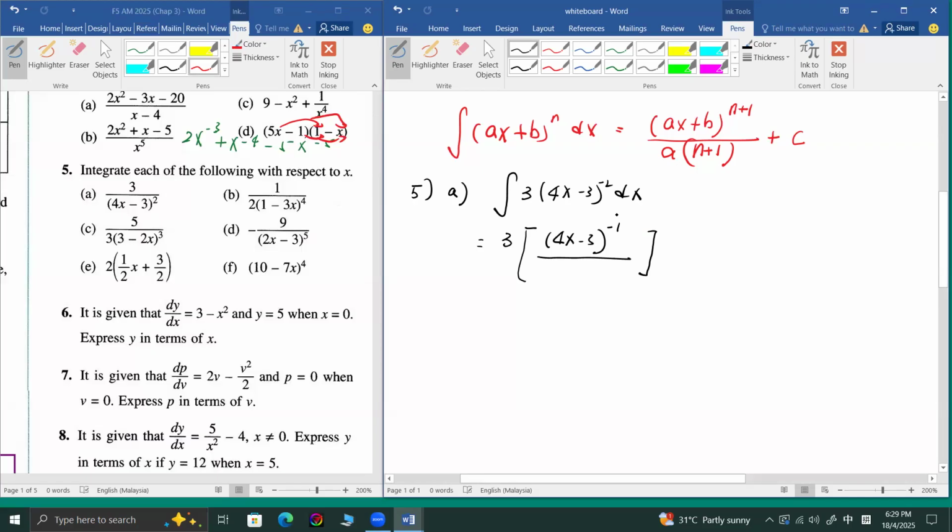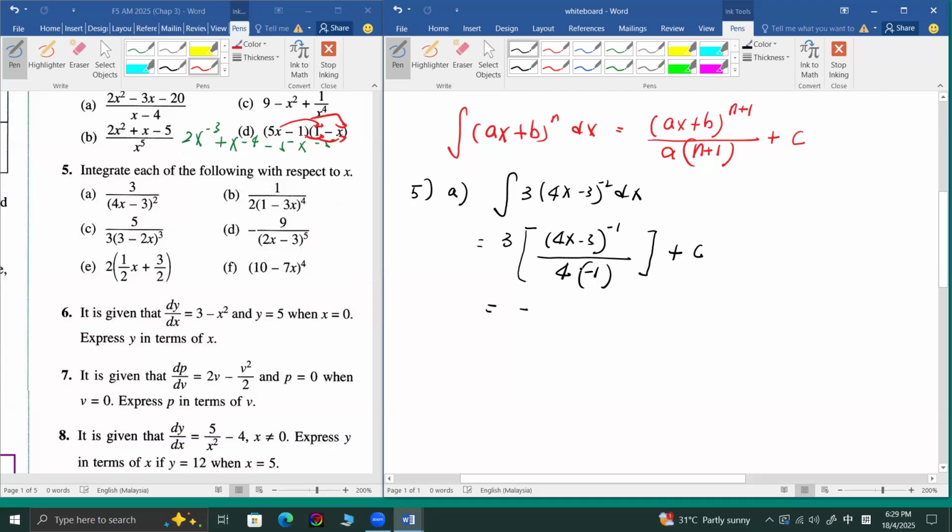So here negative 1, just follow. And remember I said beside the x there is 4. Differentiate the bracket here, plus c.